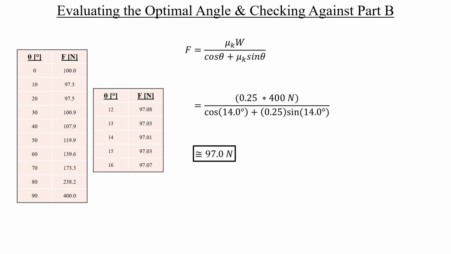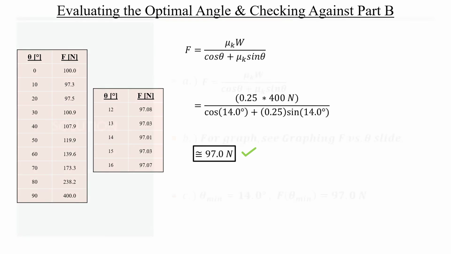So notice that we start at 12 degrees with 97.08, and then 0.03, then 0.01 at 14. Then the force starts rising again. So yes, this result does agree with our result constructed in Part B. Part C is now done.